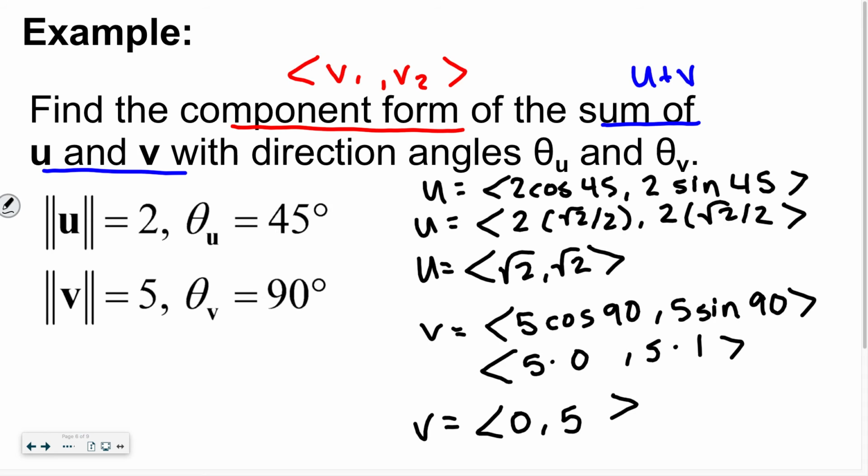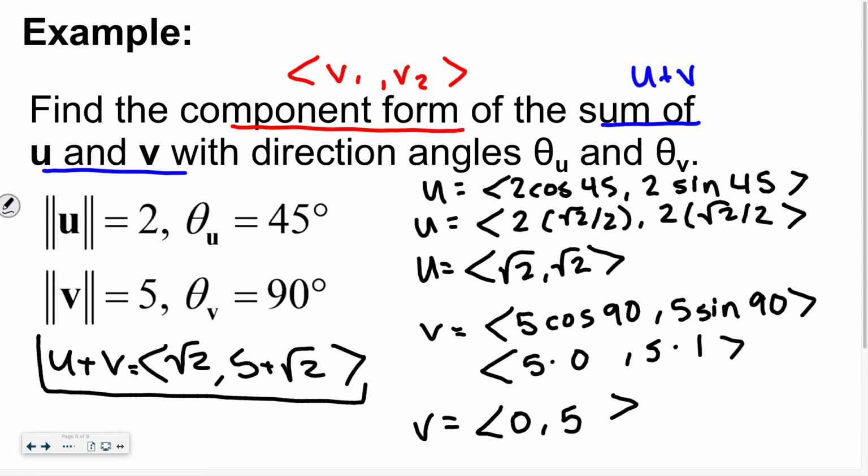Add horizontal components. So what will that be? Square root 2 plus 0, square root 2. And vertical components, square root 2 plus 5. I usually write that as 5 plus square root 2, but I'm not picky about that in your final answers.